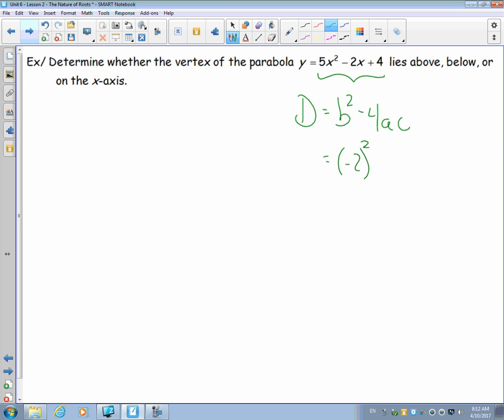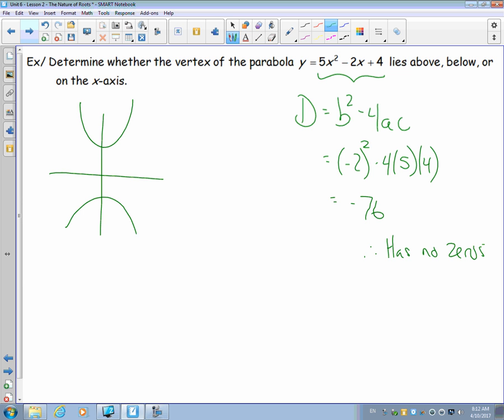Negative 2 squared minus 4 times 5 times 4. Okay, into my calculator that goes. I get negative 76. So I know right off the bat this has no zeros. So I know my situation is either it looks like this or it looks like this. I just don't know which one yet. But if I go back to my ideas from standard form, there are some other things I can figure out.